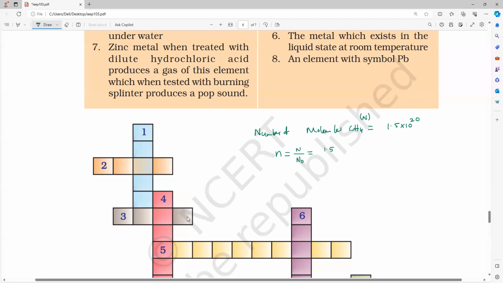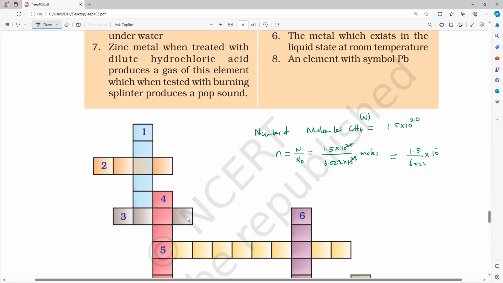So 1.5 into 10 power 20 divided by 6.022 into 10 power 23 moles. So 10 power 20 and 10 power 23 cancel. We'll get the answer 1.5 divided by 6.022, and 10 power 3 will go up.